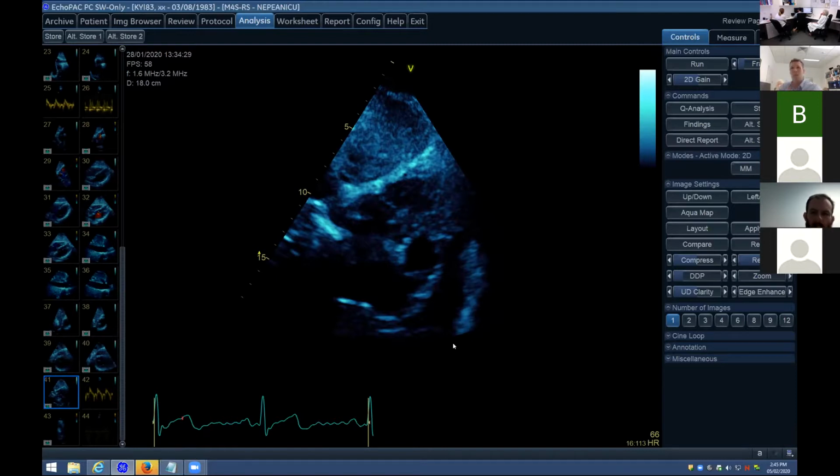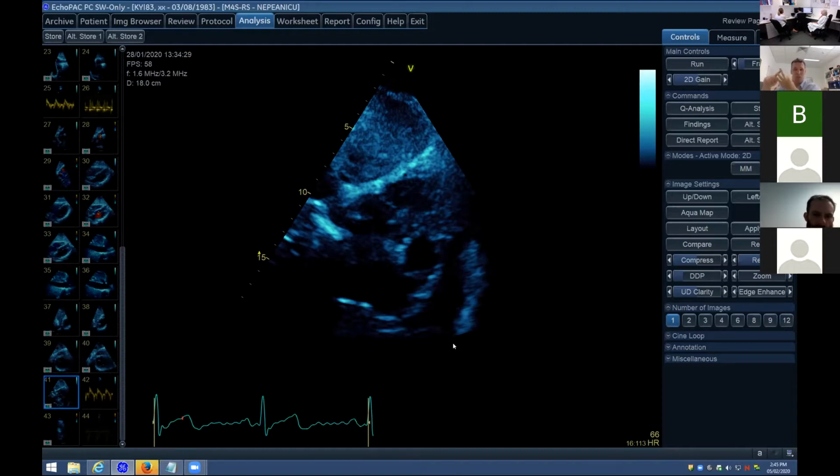So I guess I mention this because sometimes we can have obviously difficult to image patients. And if you do have difficult to image patients, if the 2D's hard, we can still do subjective assessment. We'll try and use all views possible. We can use M mode if we've got half decent pictures.